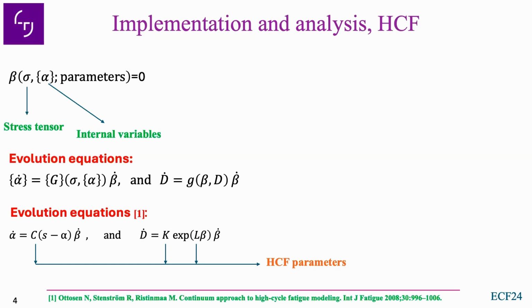Alpha dot depends on sigma and beta dot, and D dot is the damage evolution, which depends on beta dot, D, and beta. Evolution equations based on the Ottosen article are like this equation. As you can see, there are some high cycle parameters like C, K, and L. These are high cycle fatigue parameters which are obtained by experimental tests.